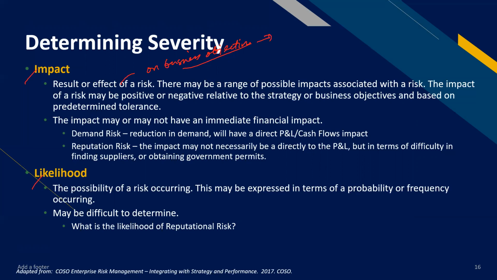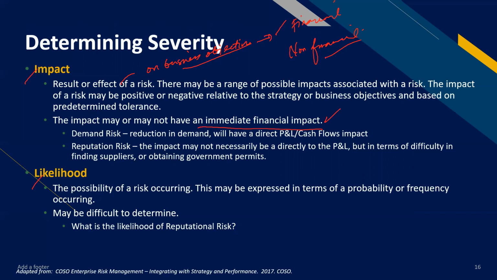Okay? But I'm sure eventually they will have a financial impact, but probably not in the immediate term. Okay? So the range of possible impacts are determined in this case. No? So the impact may not have an immediate financial impact.